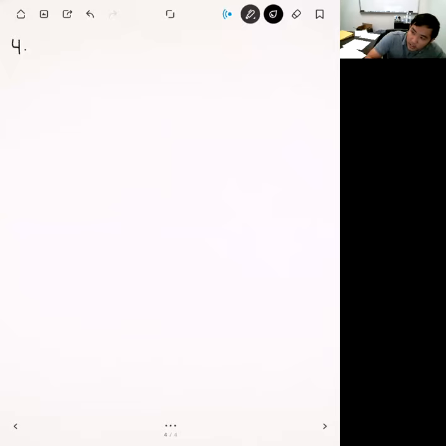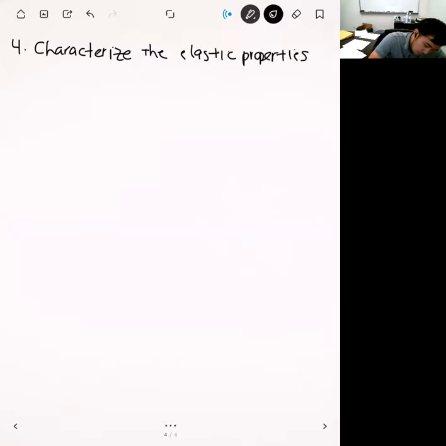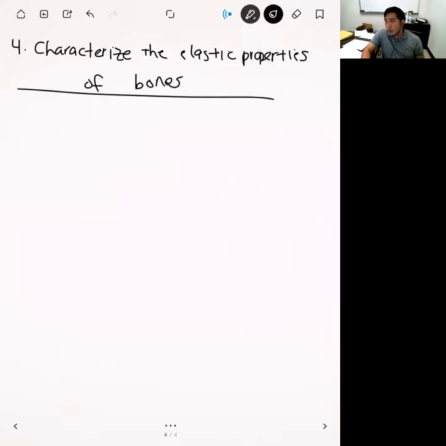And so that's characterize the elastic properties of bones.